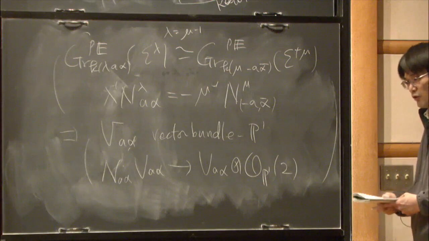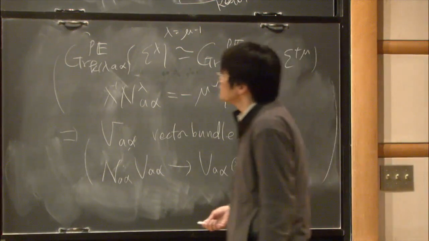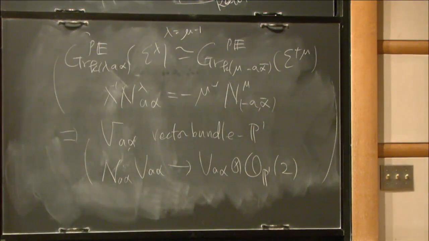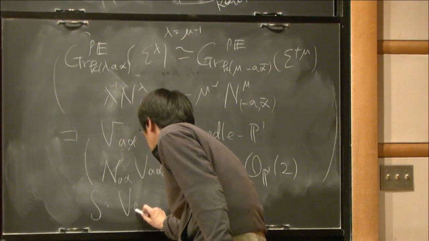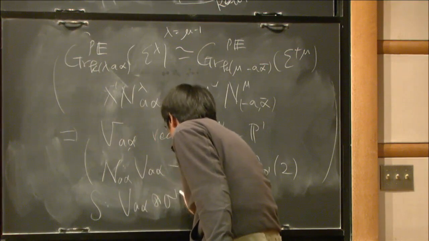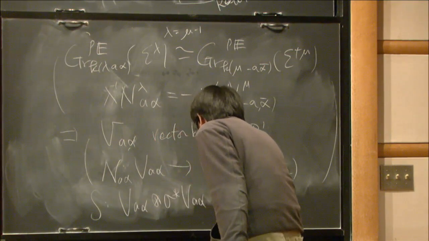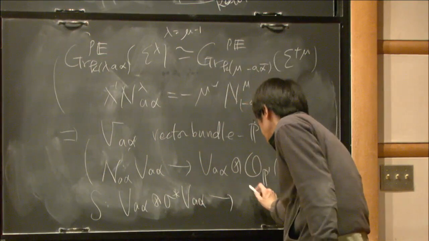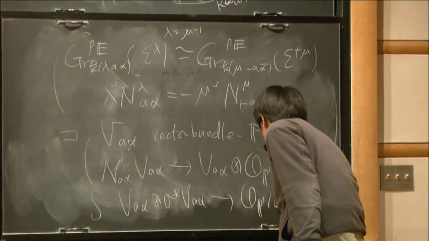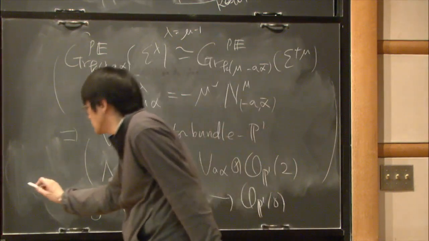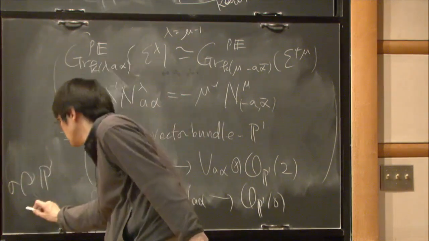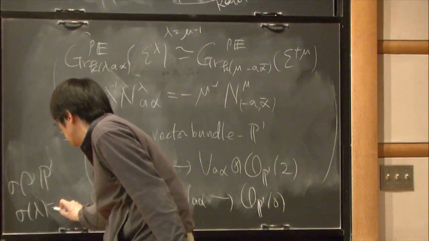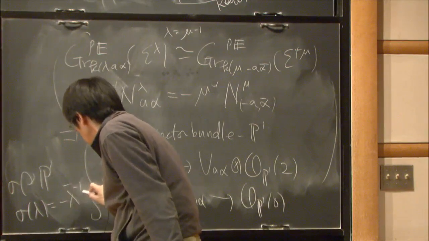We obtain this kind of objects, and from the metric, we obtain a pairing of V A alpha and sigma star V A alpha. Sigma is the anti-holomorphic involution of P1 given by sigma lambda equal minus lambda bar inverse.